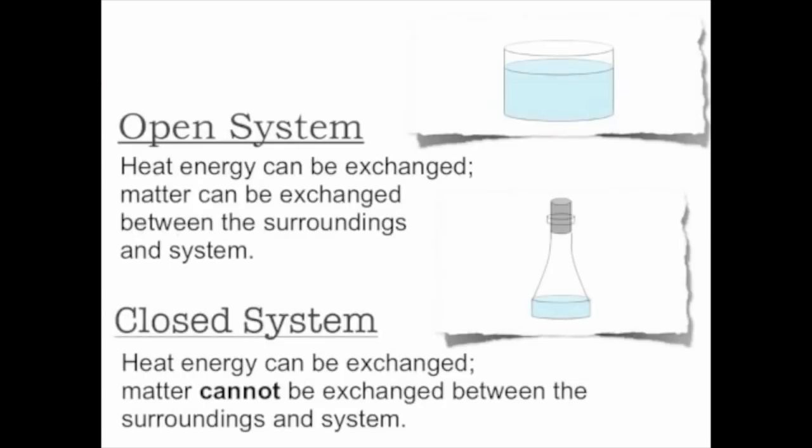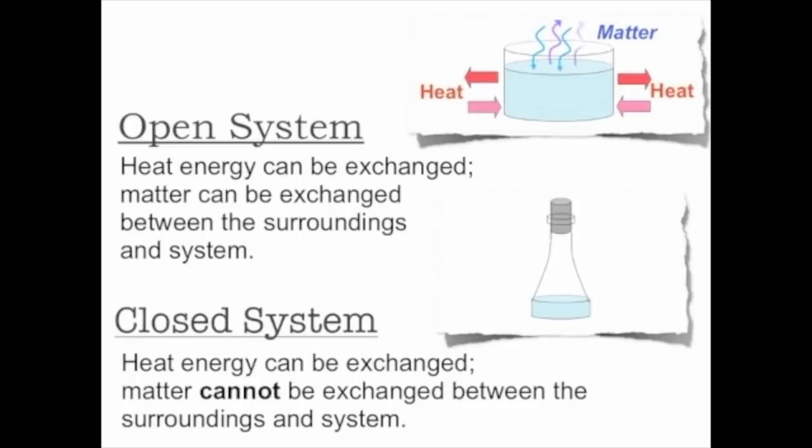So now let's discuss some characteristics of systems. There are many types of systems, but we're going to consider two of them. In this diagram, you'll see an open beaker and a closed Erlenmeyer flask. In an open system, heat energy can be exchanged between the system and its surroundings, and matter can also be exchanged between the system and its surroundings.